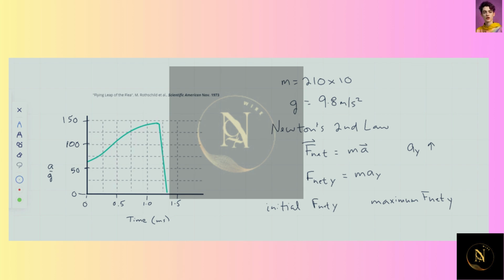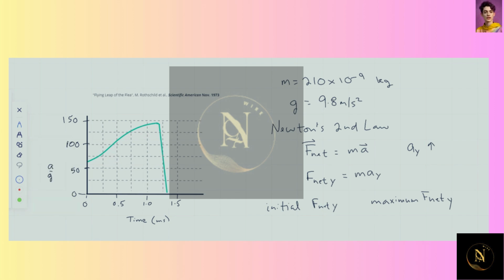Let's see. Yes, it is 10 to the minus 9 in terms of kilograms. So let's get everything into the correct units. Okay, so it doesn't weigh much. So let's identify the points on the graph that we're looking at.